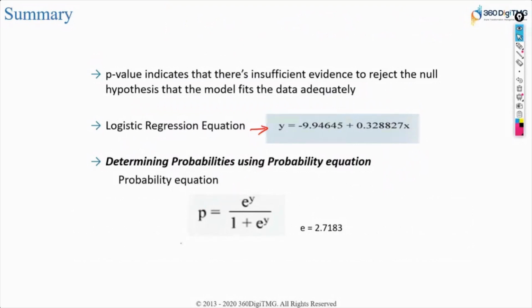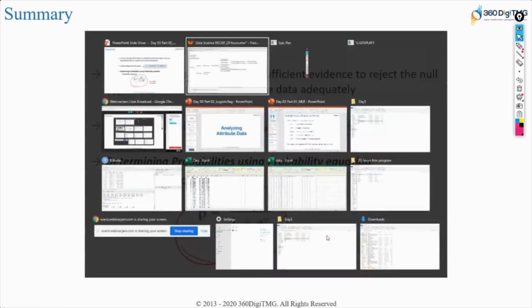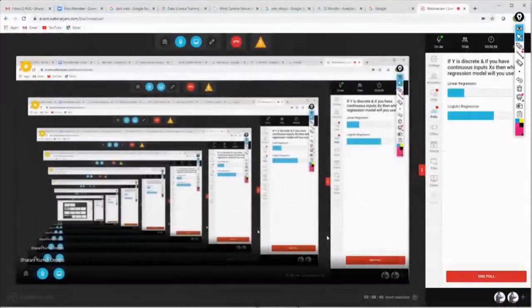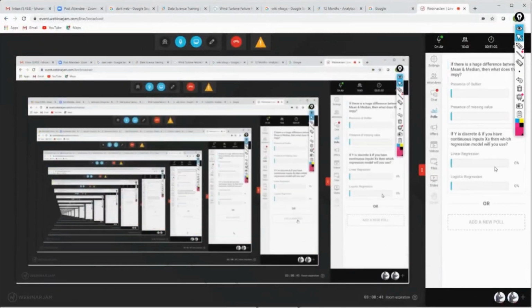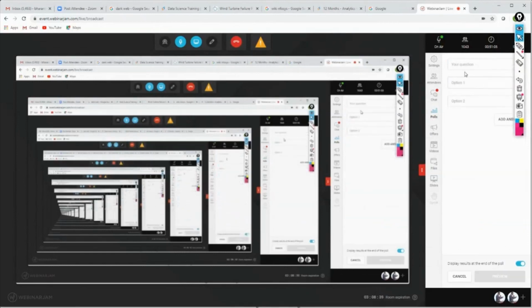Once you have the equation in place, this is also another important thing. E is called a constant. A few of the intelligent folks ask me, why is the E value 2.7183? Do you know how I answer them? By asking a question. Let me put a poll here.